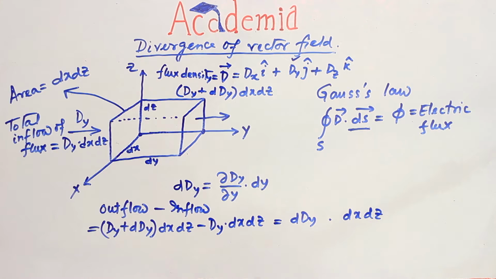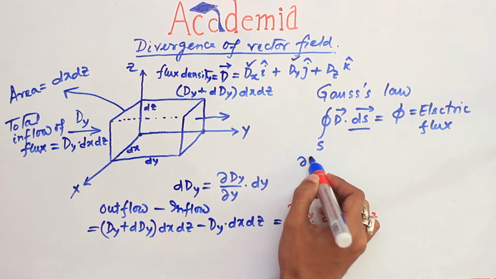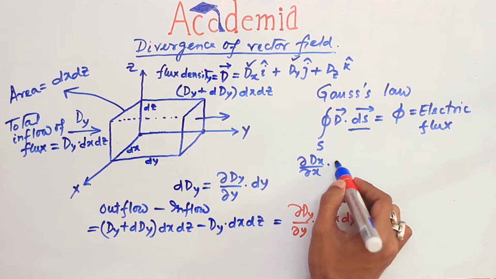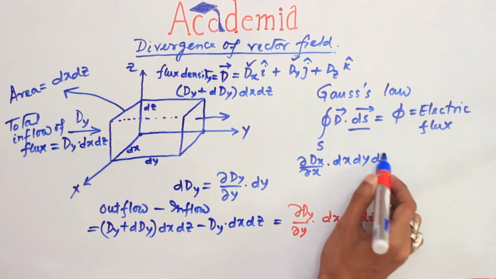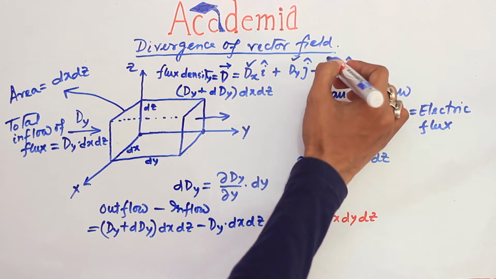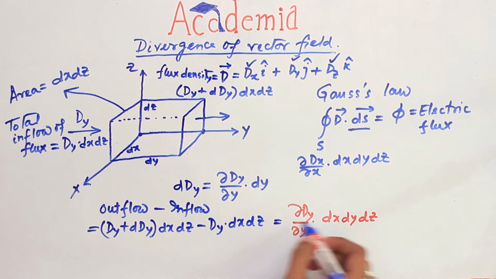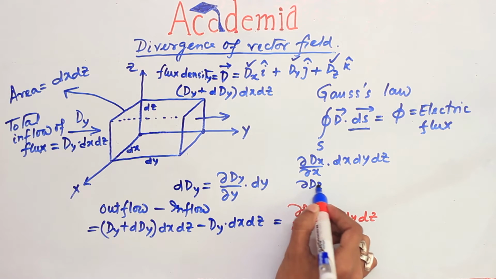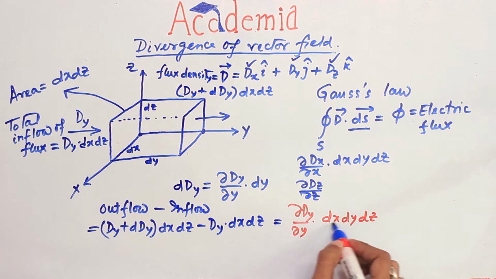Now we have already obtained the expression for dy, which is del y of dy into dy. Similarly, change in dx along x through this volume will be del x dx into dx dy dz, and that along z direction for Ez will be del z dz into dx dy dz.